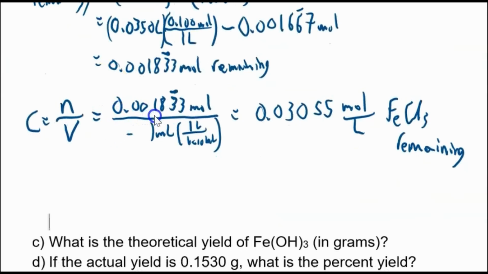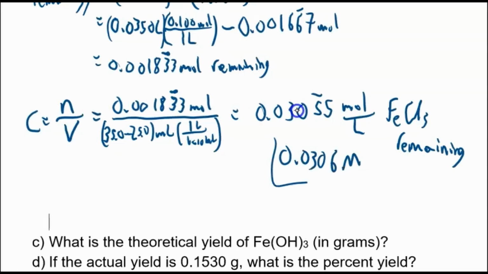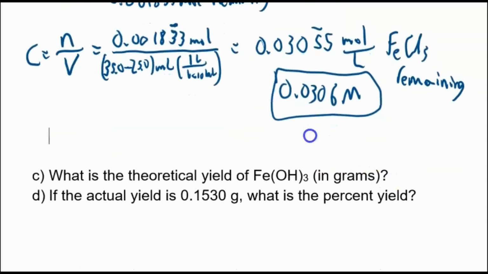This should be 3 sig figs, 35.0 plus 25.0, so this has 3 sig figs. So it'll be 0.0306 moles per liter. Cool beans. Okay, great.